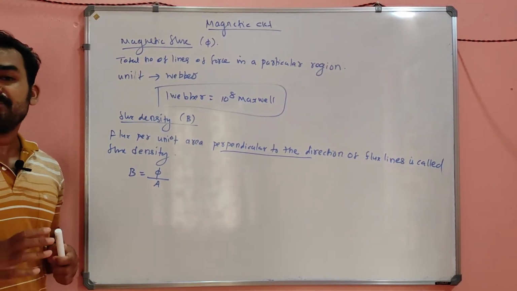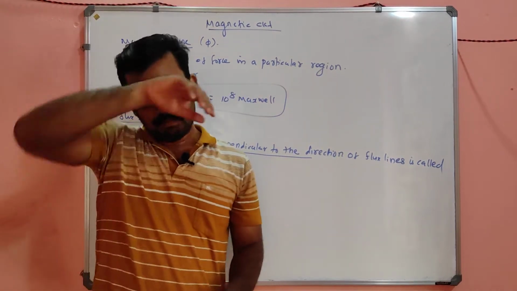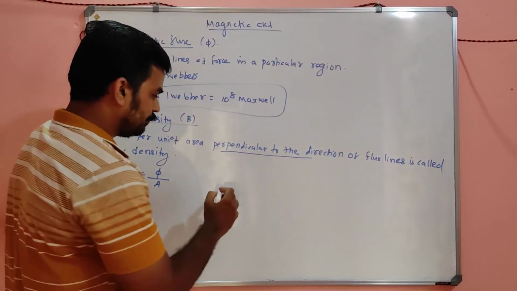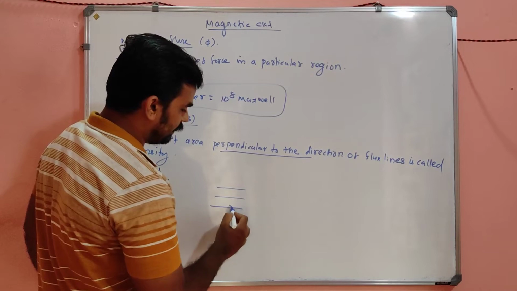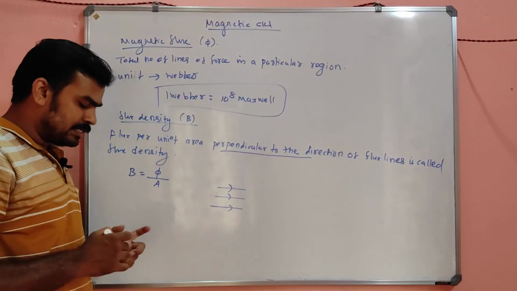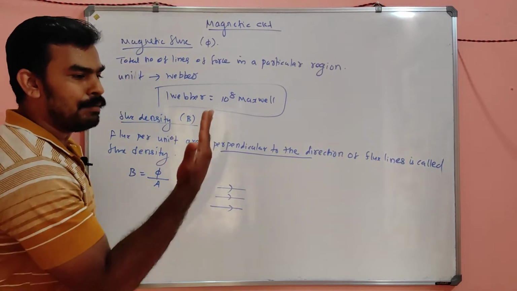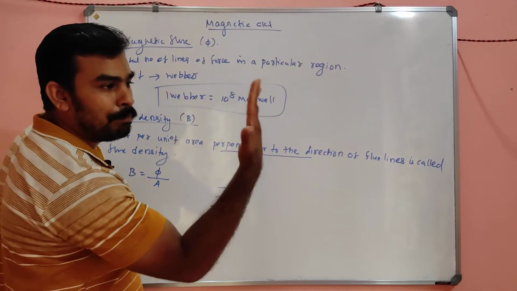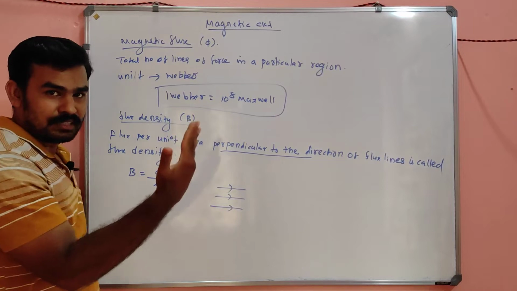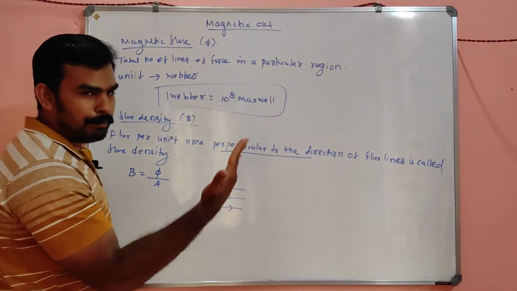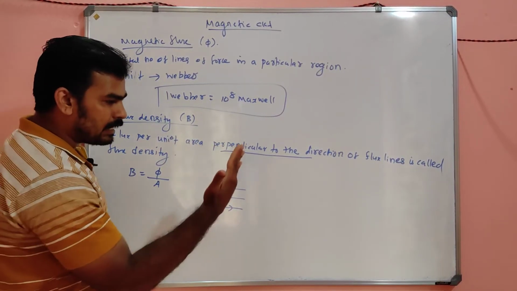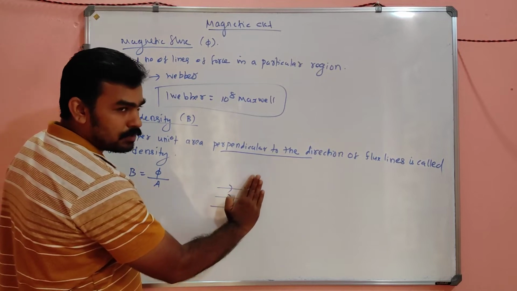Flux density is simply not flux by area, my dear. Suppose this is the direction of magnetic lines of force, and I want to measure the flux density with my palm. I can't place my palm like this.